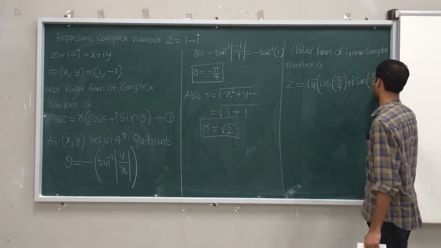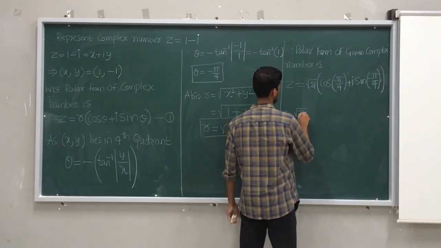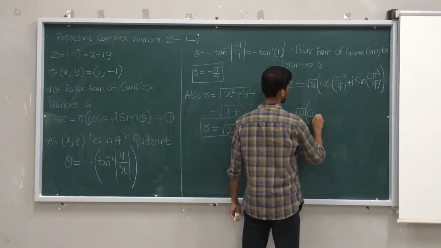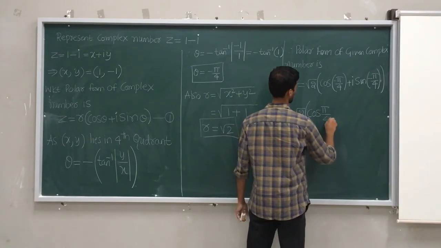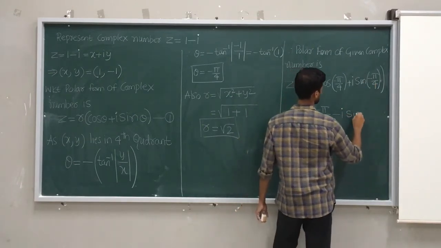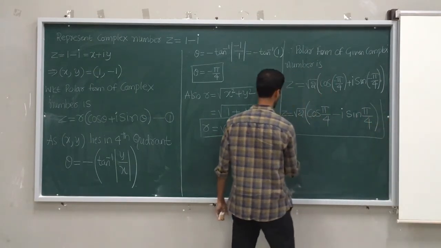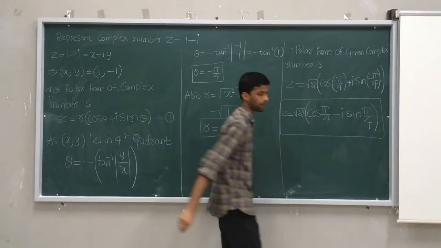Is it possible to simplify this? Yes: cos of minus theta is cos theta, and sin of minus theta is minus sin theta. So z equals root 2 times cos pi by 4 minus i sin pi by 4. This is the polar form of the given complex number.